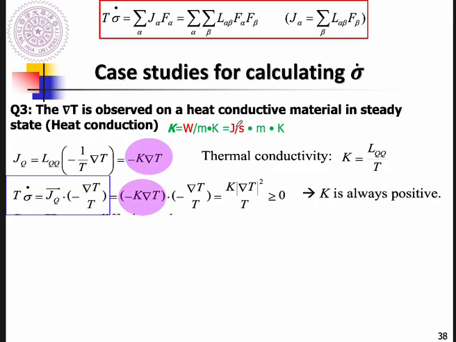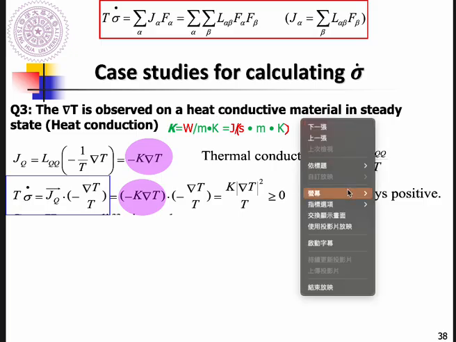So we have joule per second at the top, and at the bottom meter K. If you multiply by the temperature gradient, the unit would be K divided by meter.